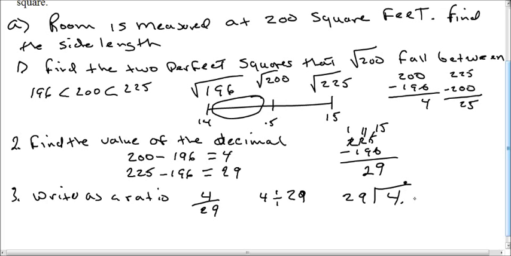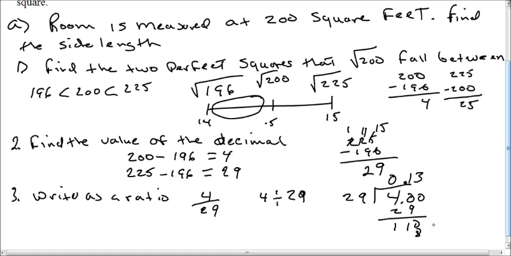Okay, decimal here. I definitely know that it's not going to go 0 times, so I will put a 0 here. That's going to go 1 time, and then that's 29, and I should have 11, and I'll drop another 0, and that will go 3 times.